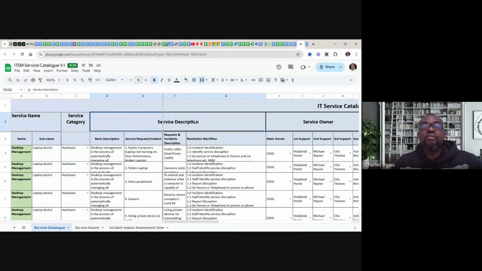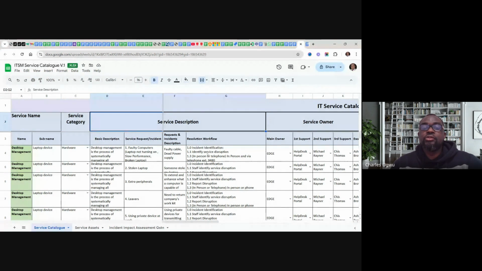And within the service description here, we have a basic description, we have service request, service incidents within, and incident description, and incident resolution workflow.